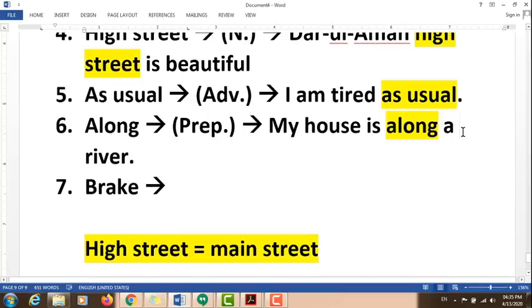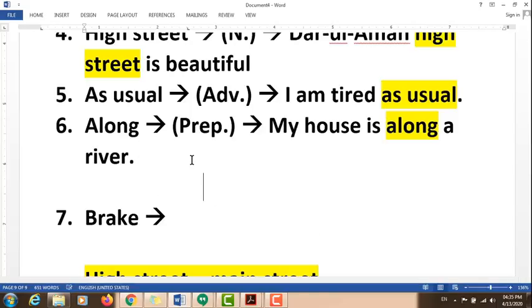So if you want to use it as an adverb, what do you say? Let me put it this way. Next example, let's use it as an adverb.